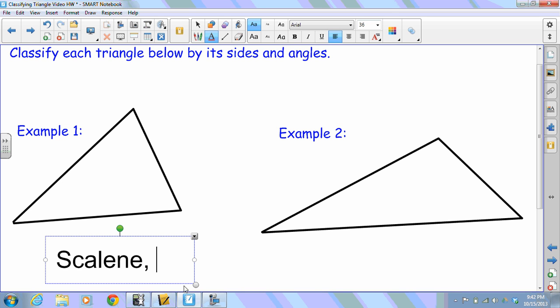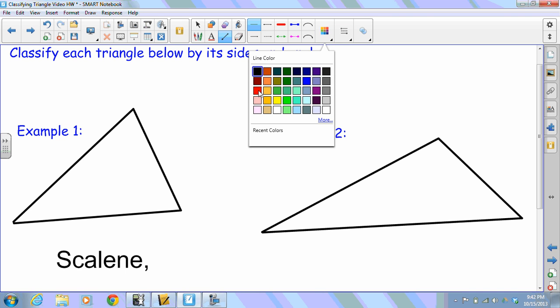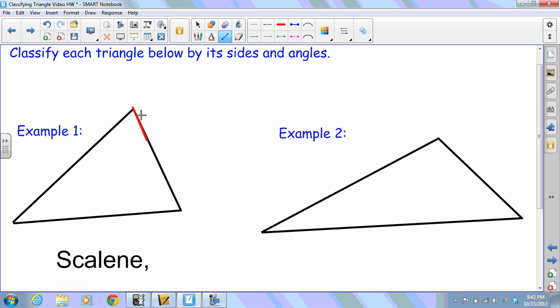Looking at the angles, if you can eyeball it and tell what kind of angles they are, then that's all you have to do. If you need some help, you can always go to each angle, and you could actually draw in where the right angle would be. So you can see, okay, that's about a right angle, that one's acute.